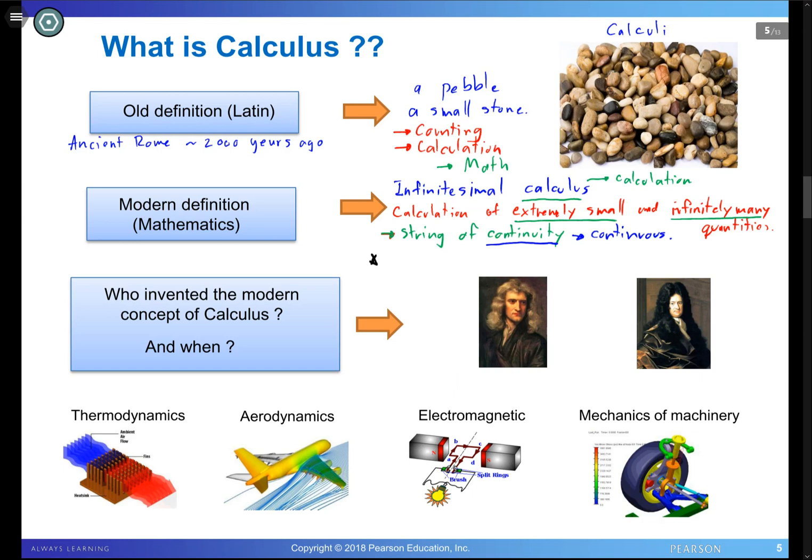Branch of math that studies quantities that change continuously.